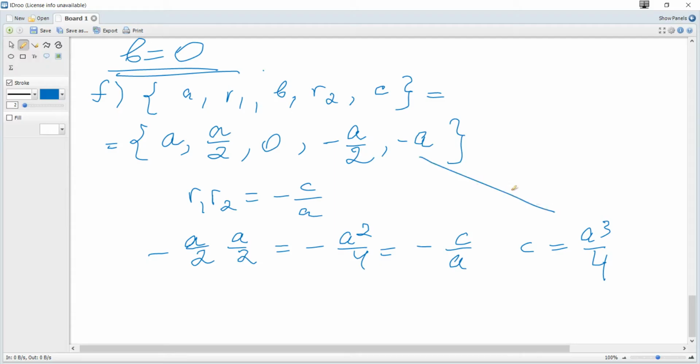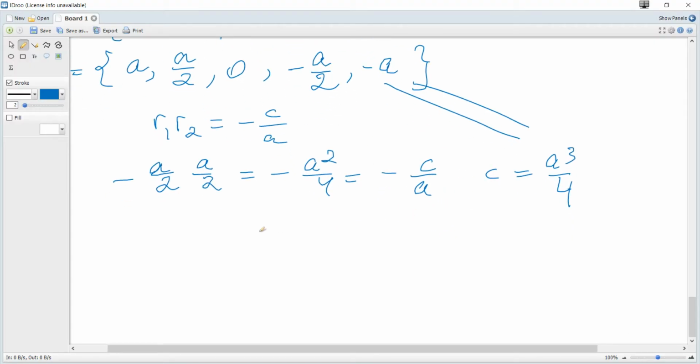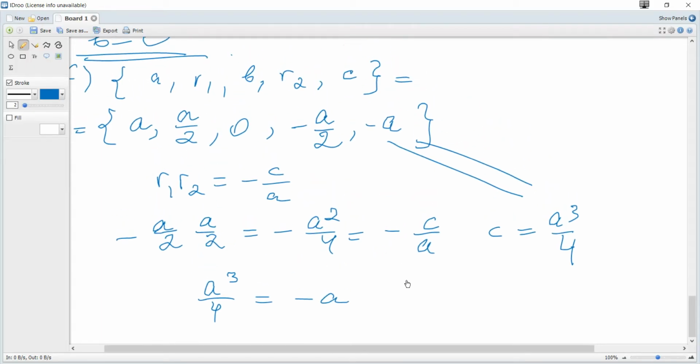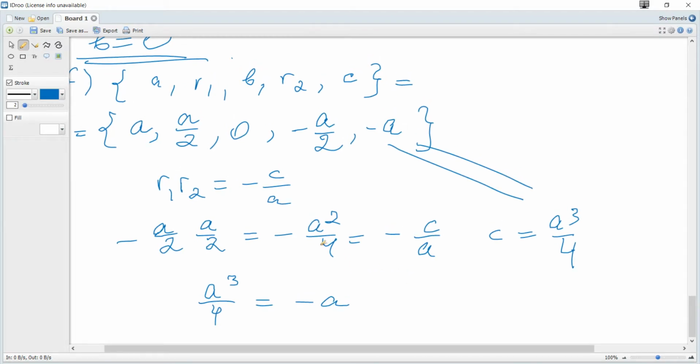And also it must be negative A. It's from the common difference. So A cubed over 4 should be negative A. The product is minus C over A, minus times plus here.